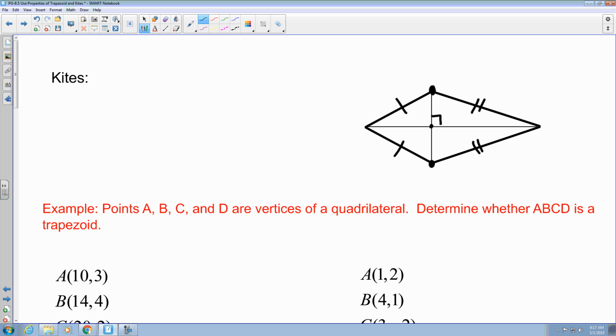Looking at those two interior angles, they will also be congruent. So let me be clear: only these two angles are going to be congruent. This angle here and this angle here will not be the same.